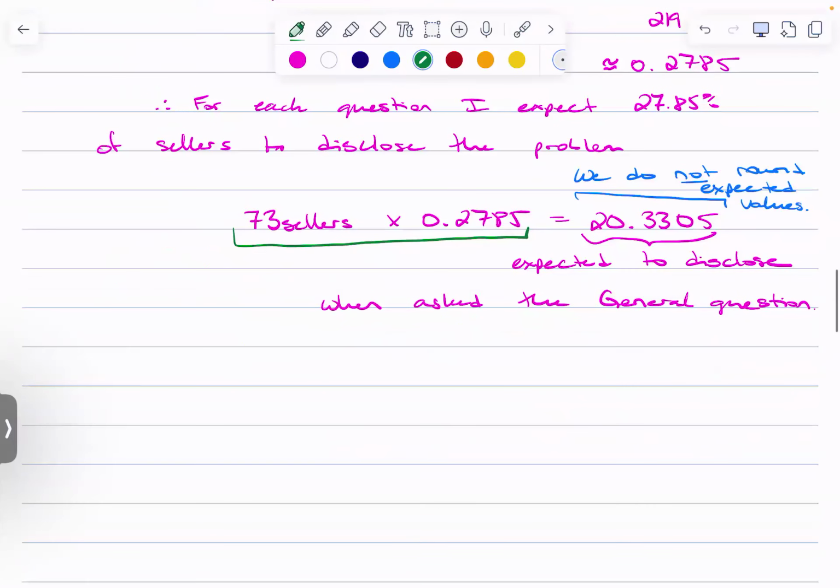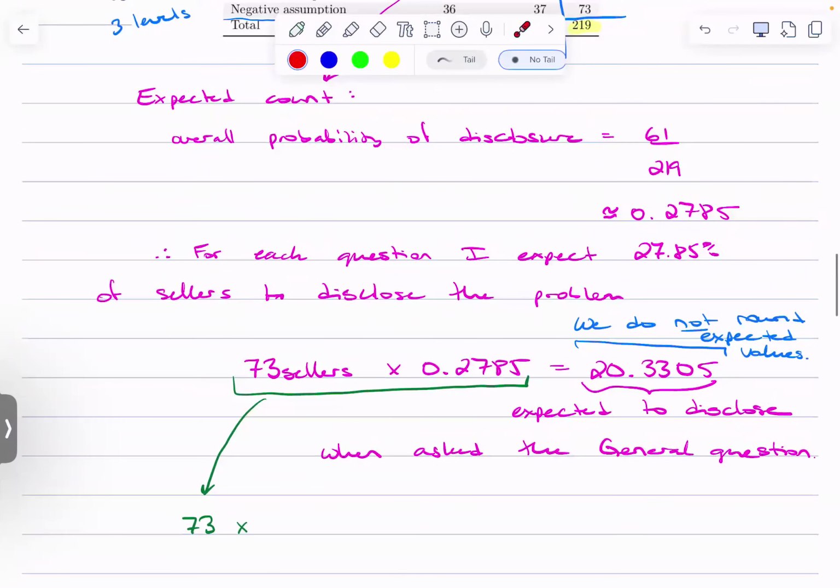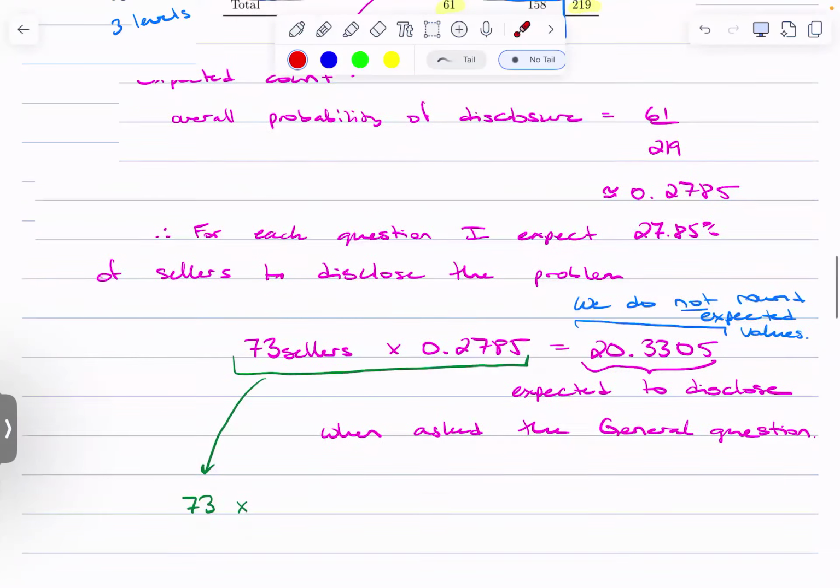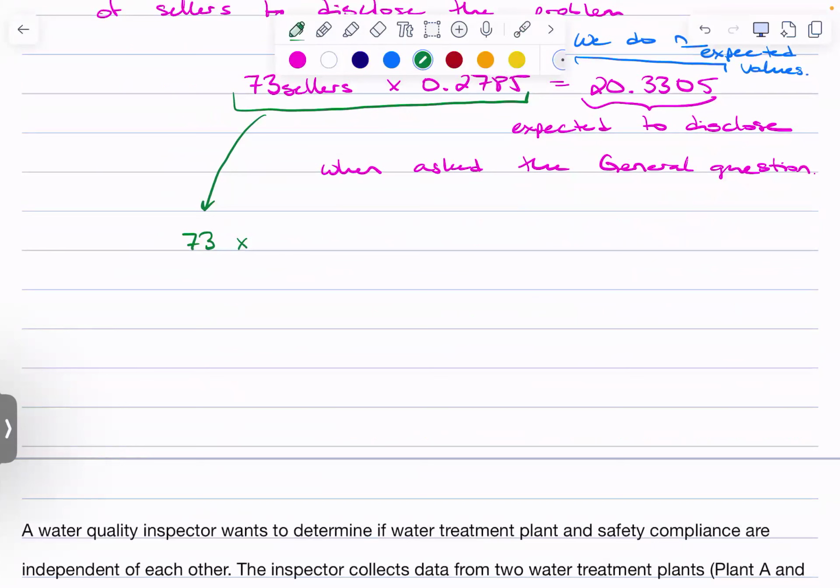This we can rewrite as 73 times technically 61 over 219. Now, if I'm multiplying and dividing, that's going to be the same as everything over 219.